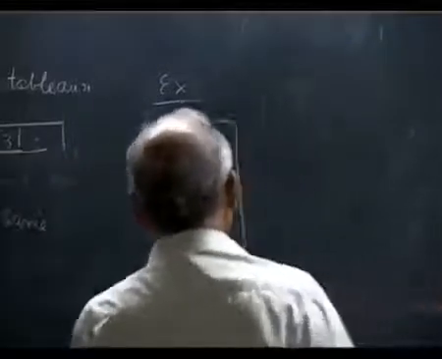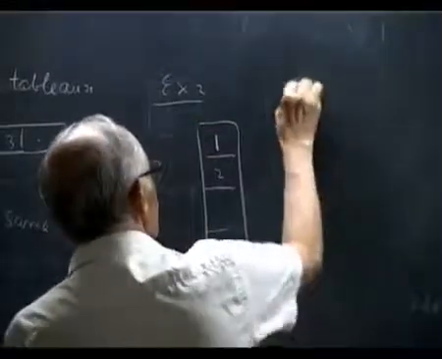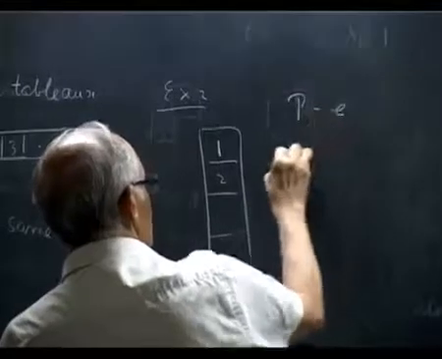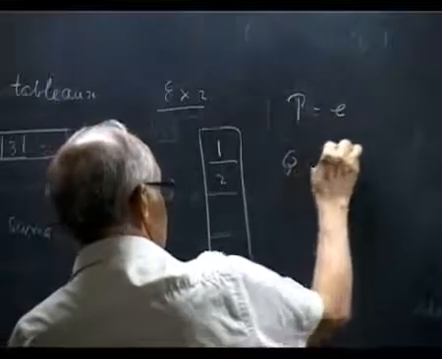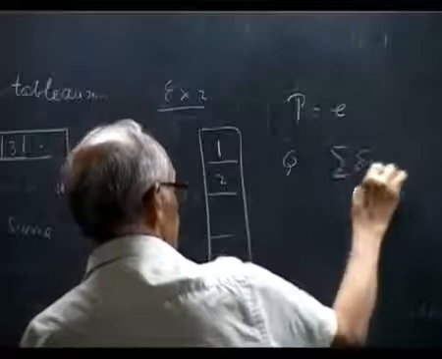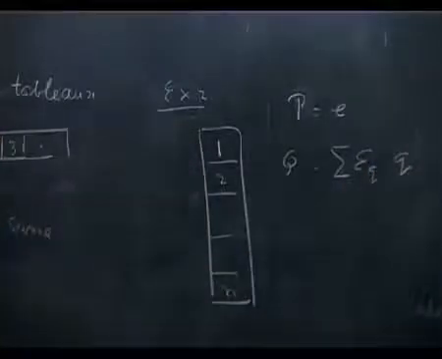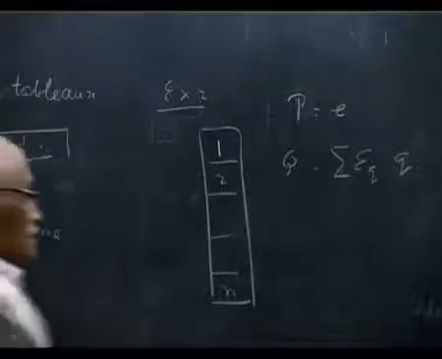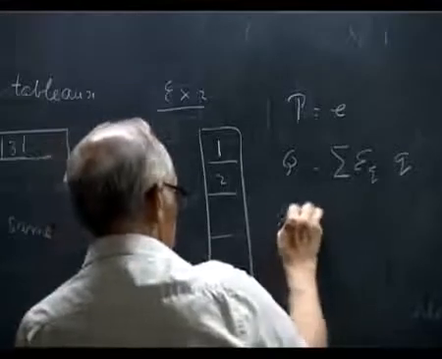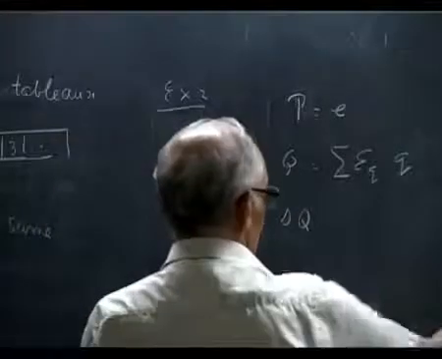So in the column case, P is the identity, whereas Q is the summation of epsilon Q times Q. So I can ask, what is SQ?